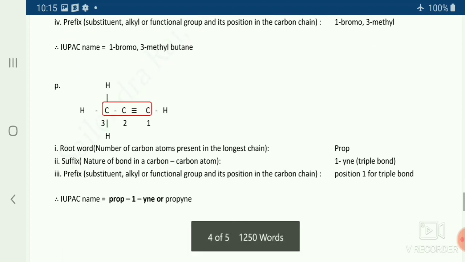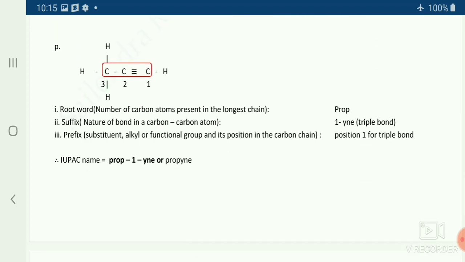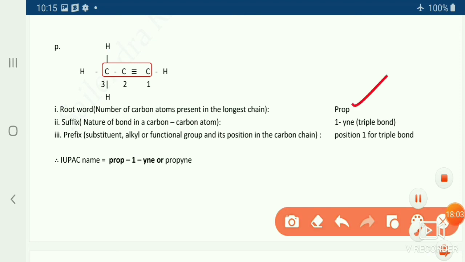Next one, number P. We have only 3 carbon atoms, so meth, eth, prop. So your root word is prop. Clear? And then we have the suffix. The suffix is the triple bond here. When you have a triple bond, it is yne, and then you have to see the position also. Position is 1.